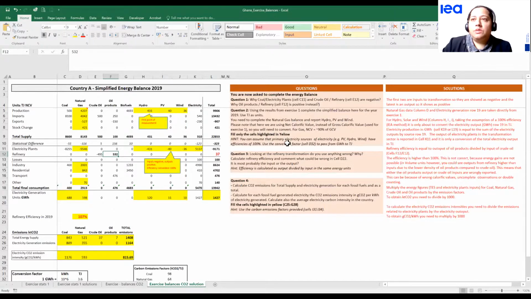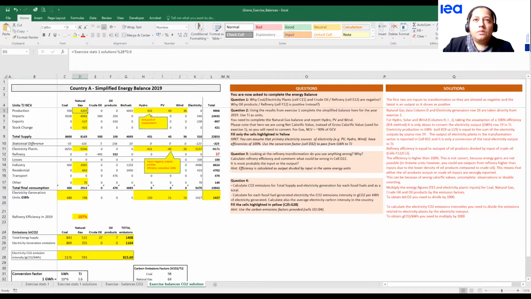And here we are using net calorific values, so note the units, it's terajoules in net calorific values. For hydro, wind, and solar PV, we have to use the proper efficiency. So let's look at natural gas.